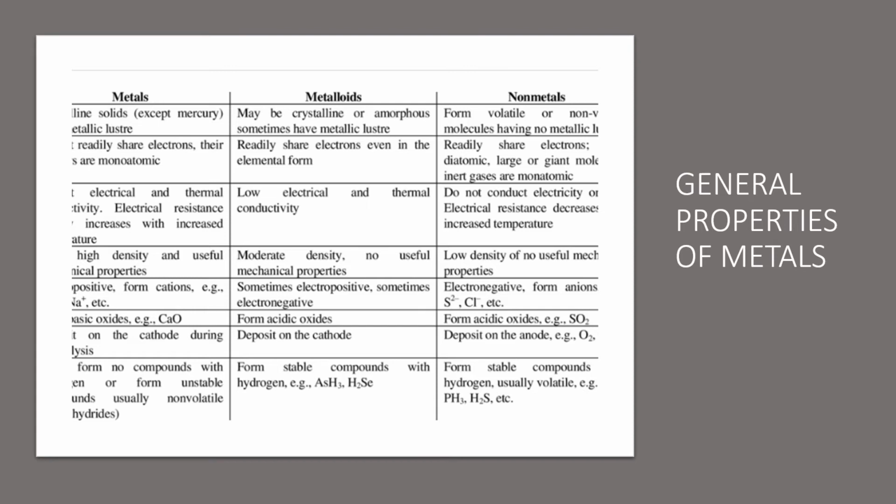Non-metals can form electronegative ions such as S2 minus, Cl minus, that is sulfide ion and chloride ion.